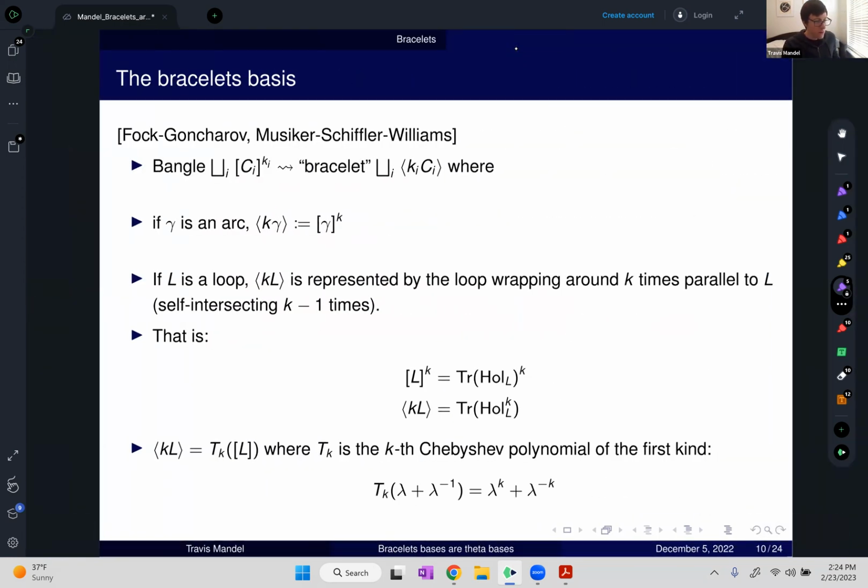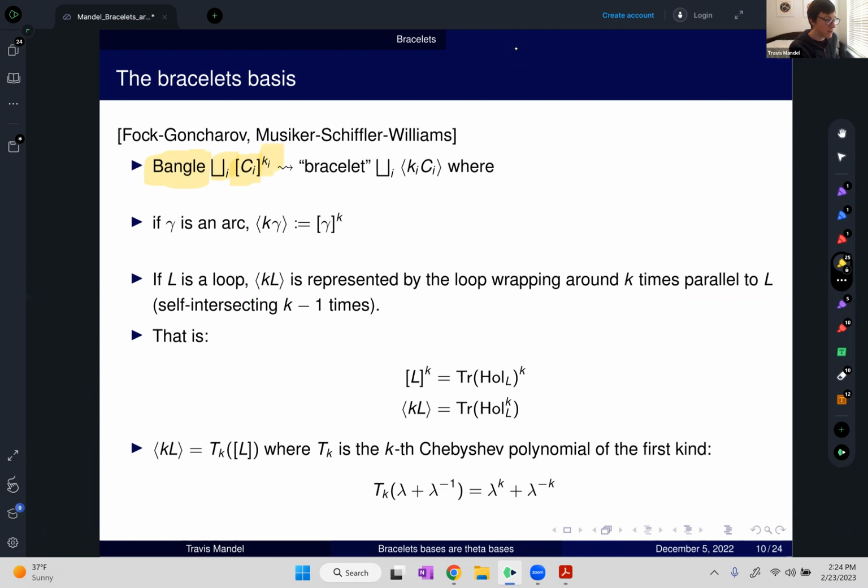Okay. So I'll get back to the skein algebra now. We talked about the Bangles basis earlier. Now I want to talk about the Bracelets basis. Remember that we said a Bangle you can think of as a disjoint union of homotopy classes of distinct curves Ci raised to powers Ki.